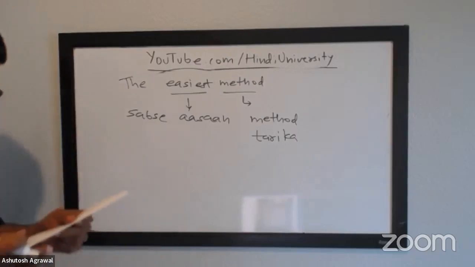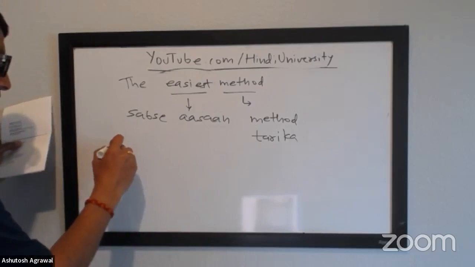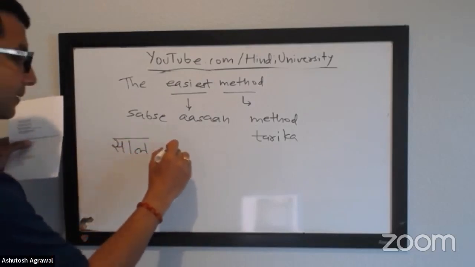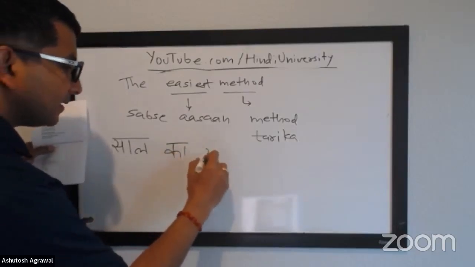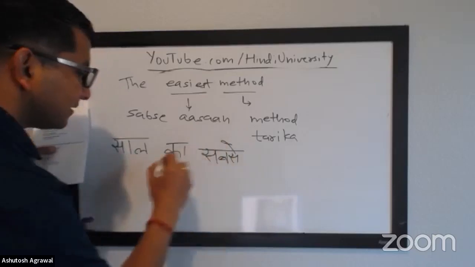Okay, so this time I'm going to change it. I'm going to write it in Devanagari and you have to read it and tell me what it is. The sentence says, I'm going to let you guys read it.